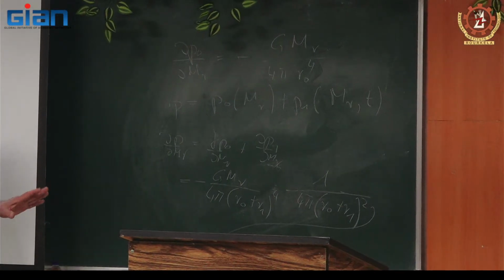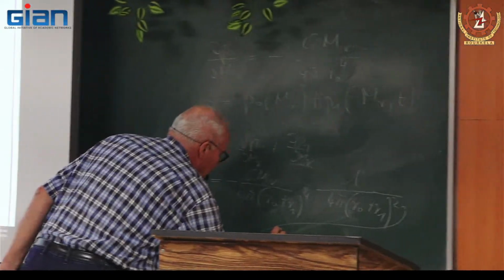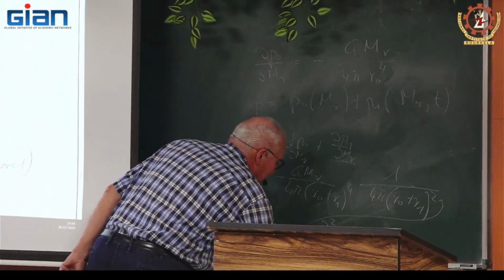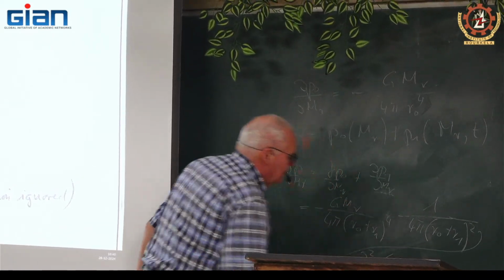I hope you can see it. The acceleration is d2 by dt squared of (r0 plus r1).